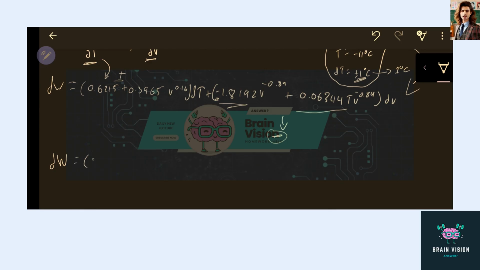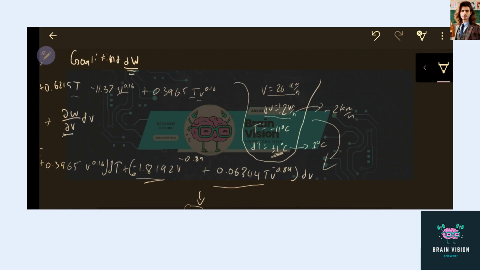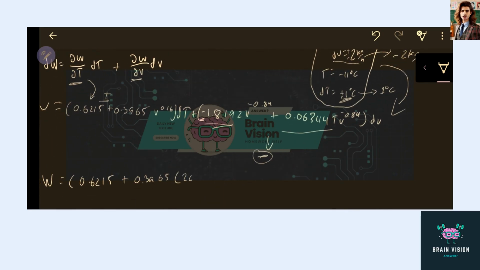dw equals 0.6215 plus 0.3965 times 26 to the power of 0.16 times dt.